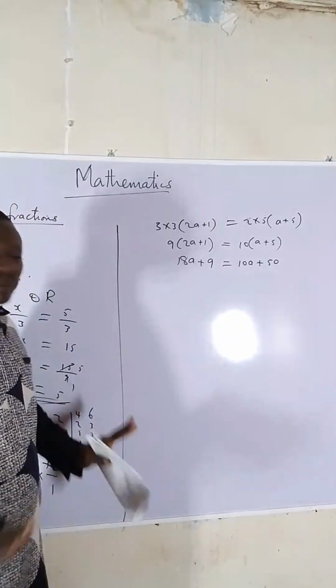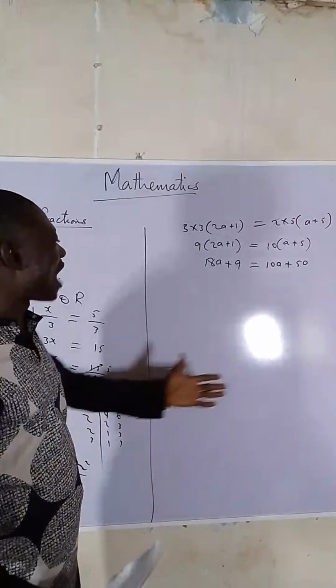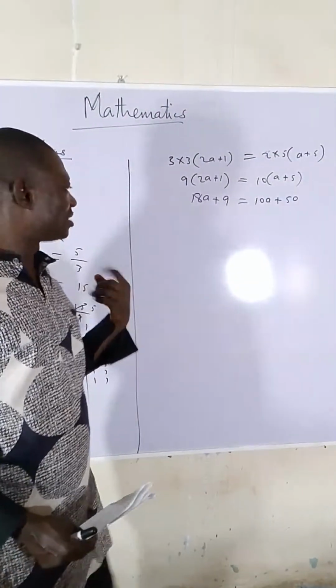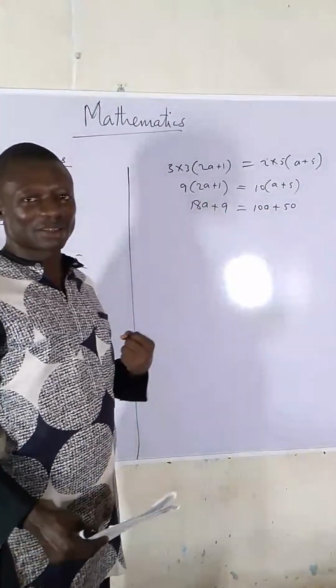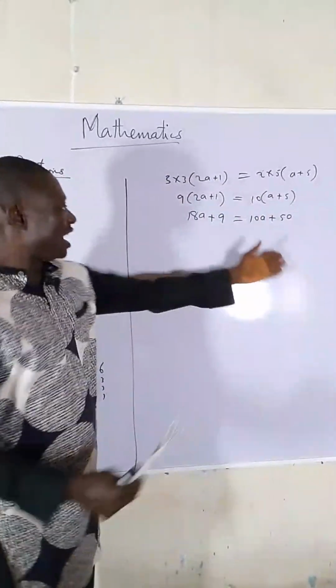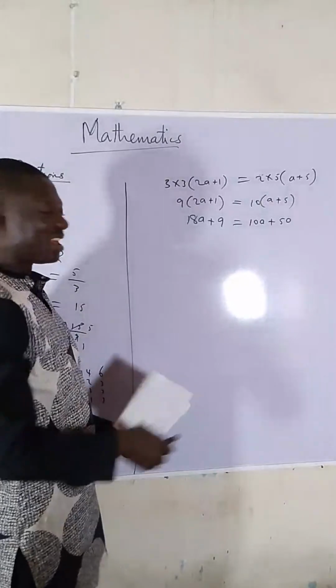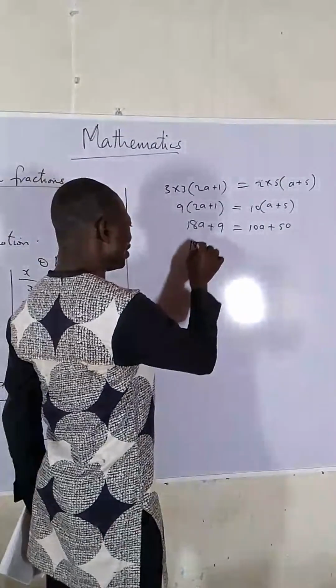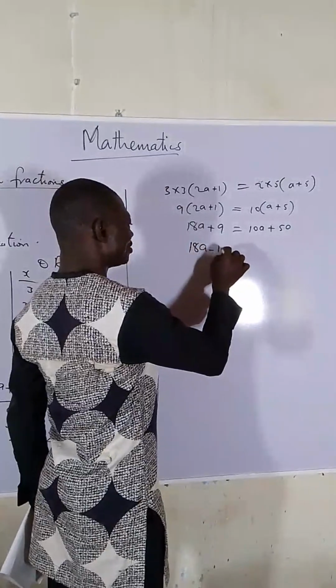And so we collect like terms now. This time around, I cross the equal to sign because on the left hand side, we don't have like terms. On the right hand side, we don't have like terms. The like terms have to move. Then A will move from right to left to come and meet 18a. And so here we have 18a minus 10a.